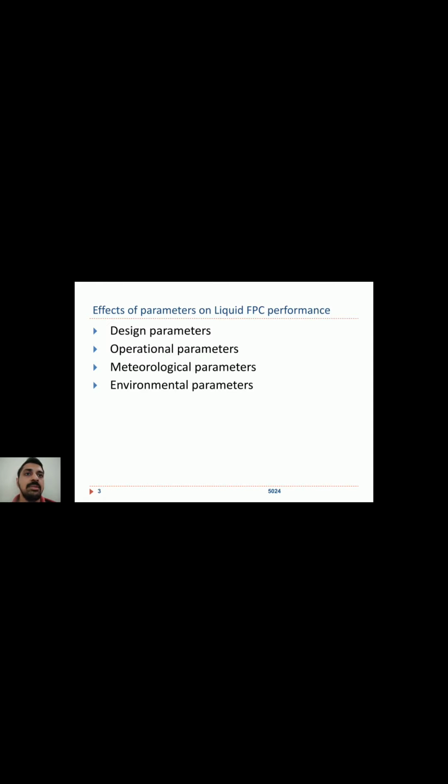Then meteorological parameters means the seasonal variation, the place or location of placement of the FPC, etc. Then environmental parameters, depending on the wind, moisture, humidity of the location, how the performance will get affected.